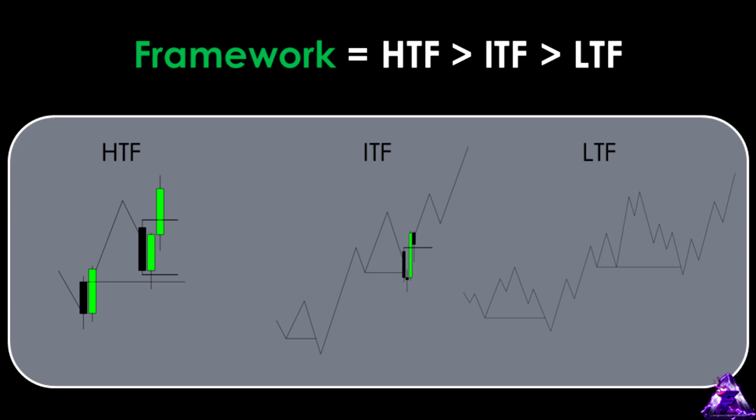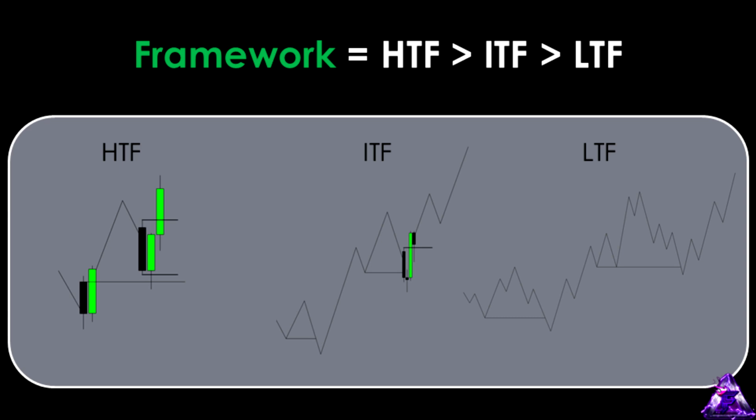The intermediate timeframe is used to assess market structure and build conviction in your analysis. Then we have the lower timeframe, which focuses on market profiling and identifying entry setups. All 3 timeframes are applied in a logical framework, working together to offer insights and a more comprehensive understanding of the market.